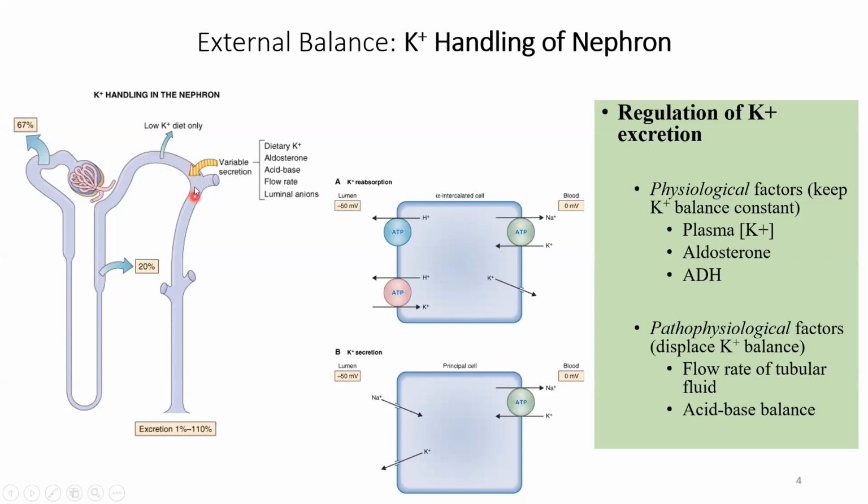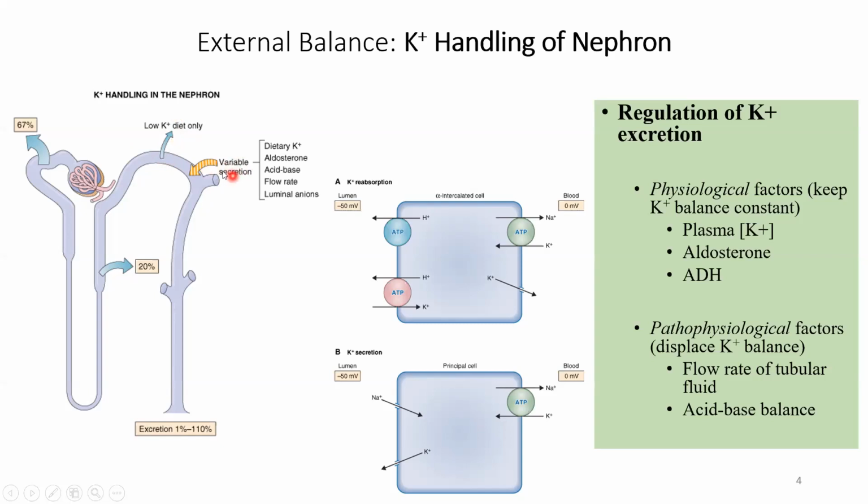When we were talking about sodium reabsorption, here we see that when we talk about potassium, the diet becomes important, and then you have variable secretion. So reabsorption will take place if the diet is deficient in potassium.